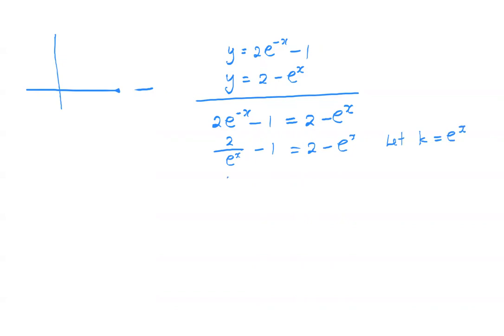So you have 2 over k minus 3 plus k equal to 0. It will look like 2 minus 3k plus k squared equal to 0. You can use your scientific calculator. It will give you k equal to 1 and k equal to 2.